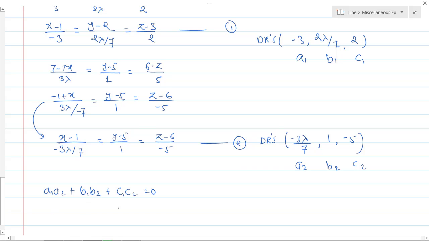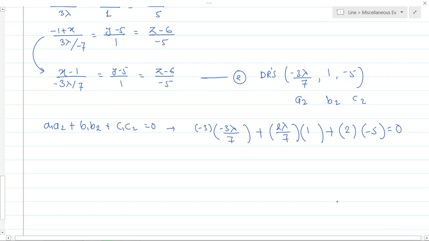Okay, so let's have that simply: minus 3 into minus 3 lambda by 7, plus 2 lambda by 7 into 1, plus 2 into minus 5, equals 0. Now let's solve for lambda.